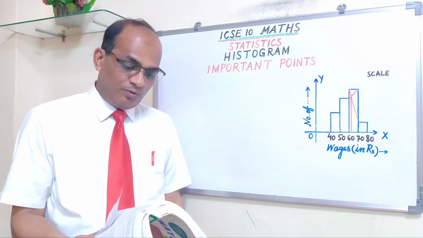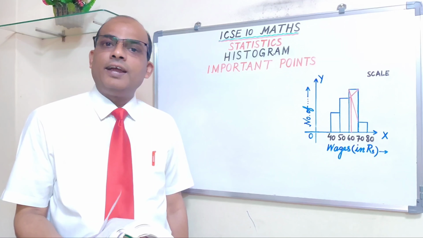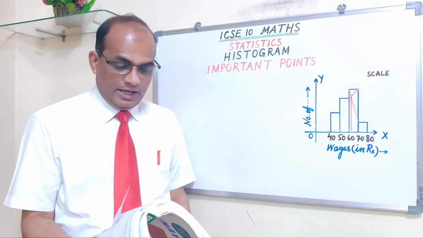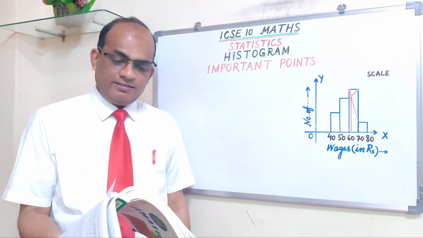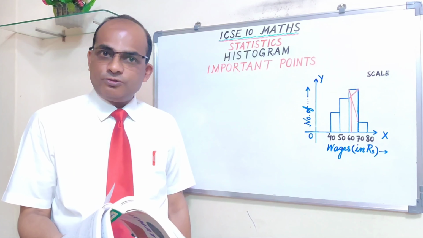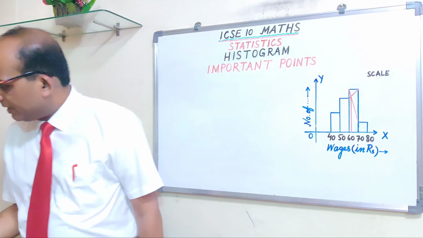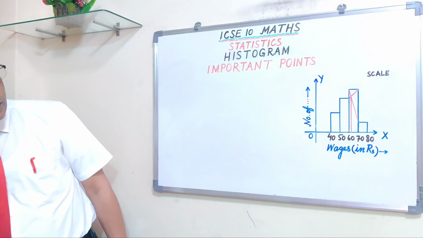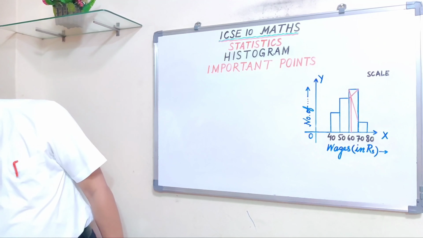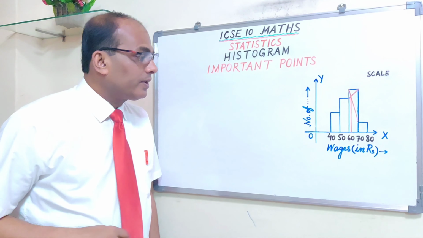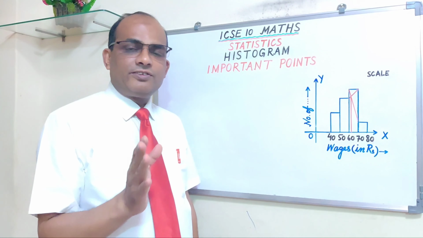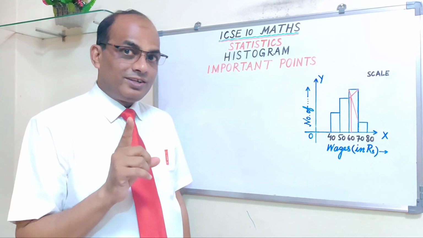So the question is wages in rupees and the number of workers. The first class is 40 to 50, 50 to 60, 60 to 70, like that. What are we going to do? As I said, if you're not starting from the origin, then we have to use a kink.